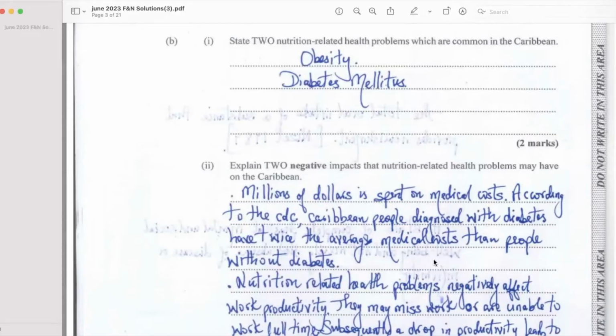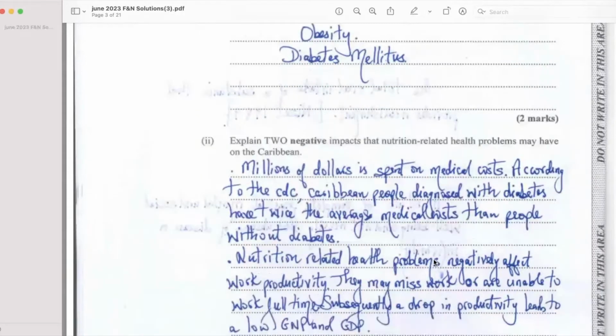So there are 2 negative impacts. Another one is the negative impact on work productivity. They might miss work because they're ill. So because they're ill, they miss work, and a loss of productivity at work will be a negative impact for persons who are sick.